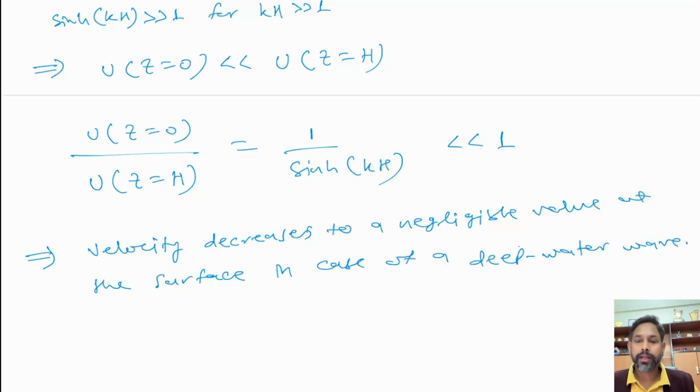Okay, so what it actually means is, when there is a large wave at the top or high velocity at the top, if it is a deep water wave, your velocity at the bottom will be negligible, it will be almost zero. In deeper layers, the effects will be smaller. Okay, this is what we get for a deep water wave.